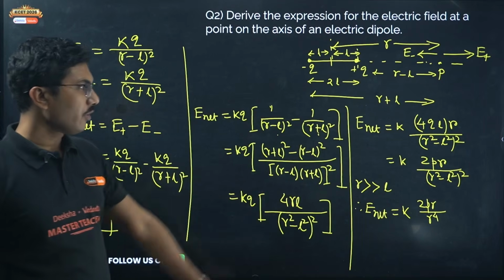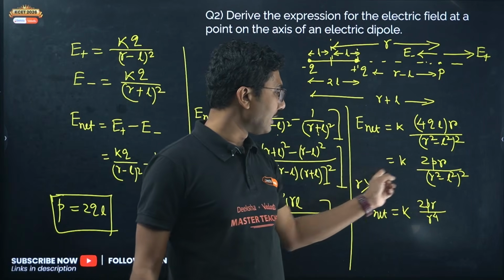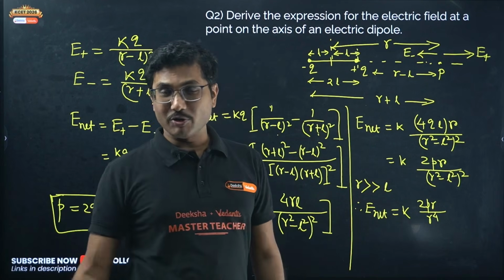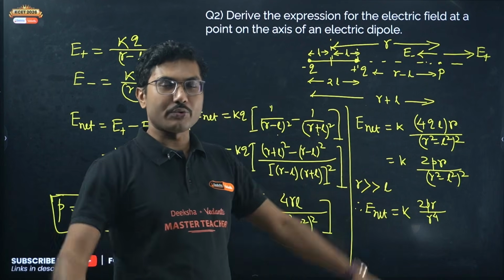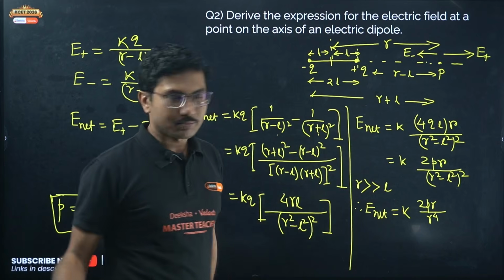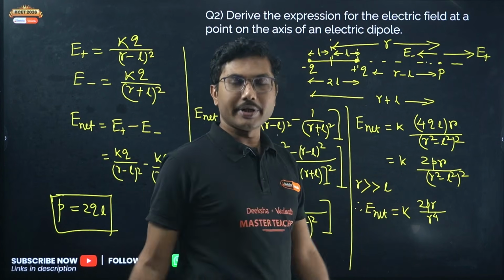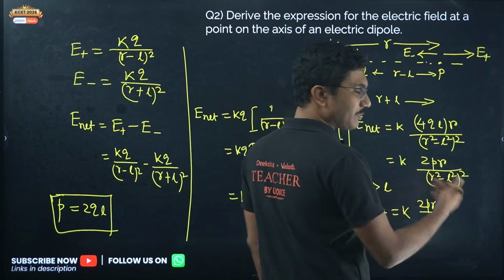Why R to the power of 4? So we ignored this L square in terms of R square, because R is very, very bigger than L. That means L is smaller, so L square will be much smaller. If you square a smaller number, that becomes much smaller. So L square is ignored with respect to R square.